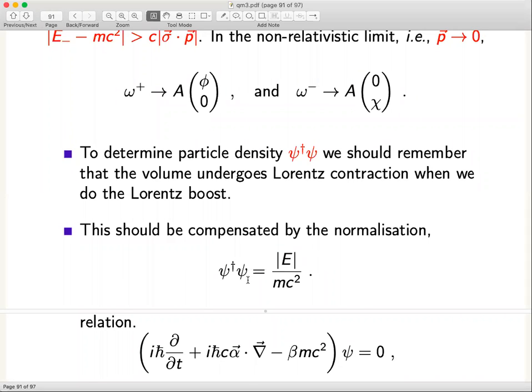Oh, because I can have a positive energy solution or a negative energy solution. But in either case, if it is in the boosted frame, it should just give me a gamma factor. So that is why mod E. It doesn't matter whether you look at a positive energy particle or a negative energy particle. The Lorentz contraction effect would be soaked up if you write it in this form.